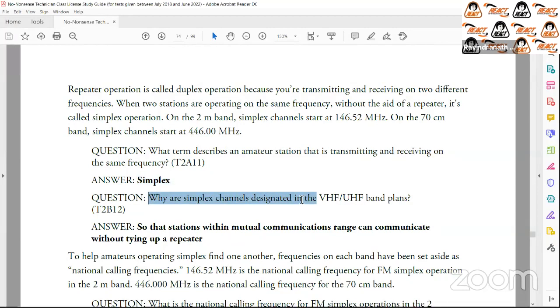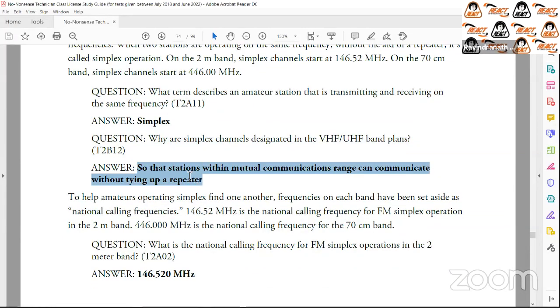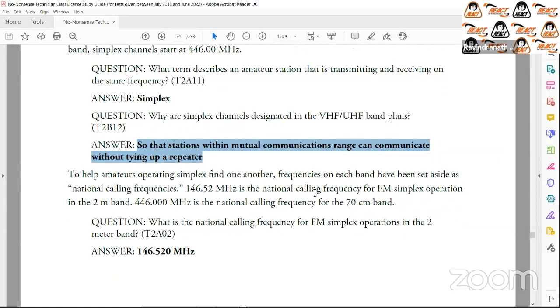Why are simplex channels designated in the VHF and UHF band plans? It is so that stations within mutual communications range can communicate without tying up a repeater. You don't have to use a repeater to talk to each other. You are close by enough. You can use a simplex channel instead of the repeater.